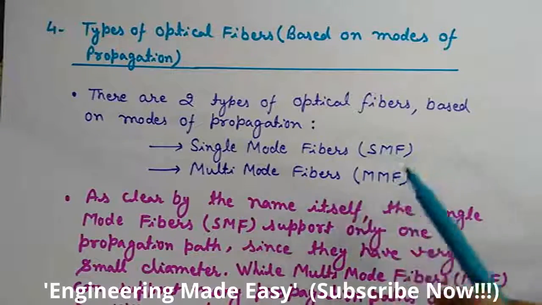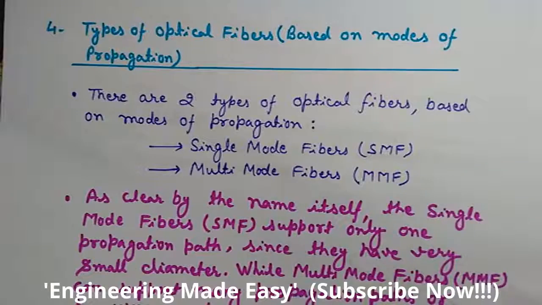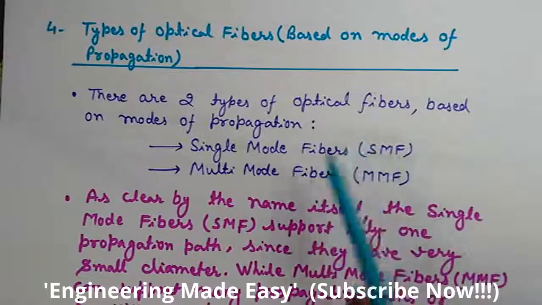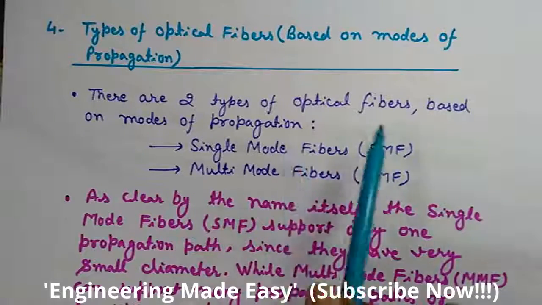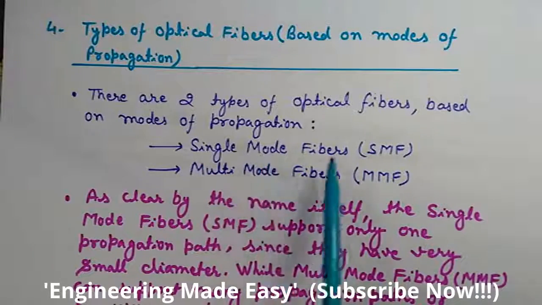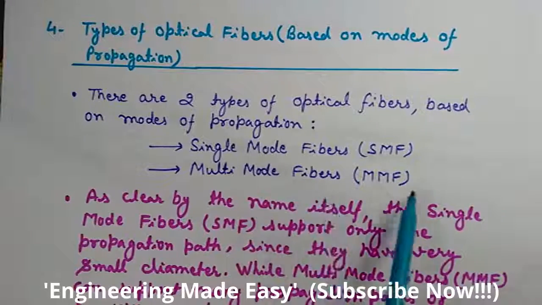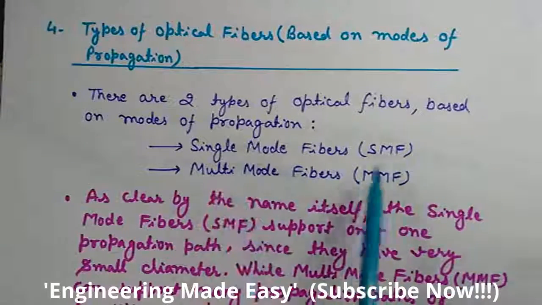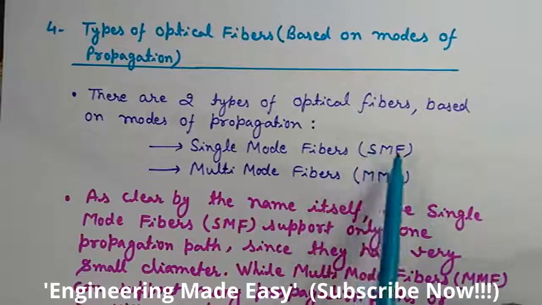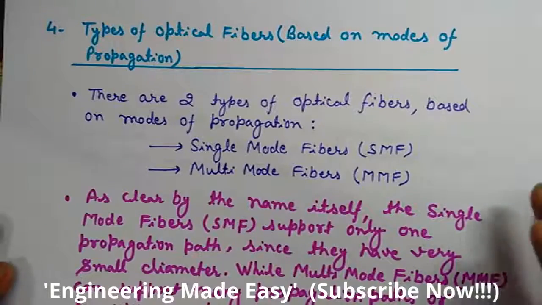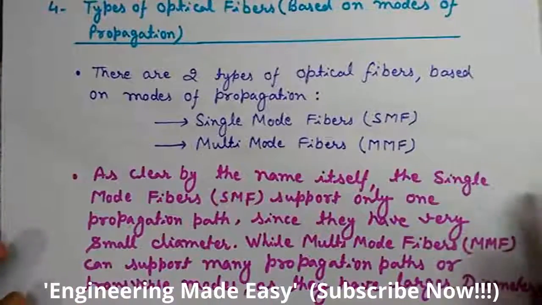There are various propagation paths. Based on propagation paths, there are two types of optical fibers: single mode fibers, SMF, and multi-mode fibers, MMF. This is the short form. So let's understand what these are.